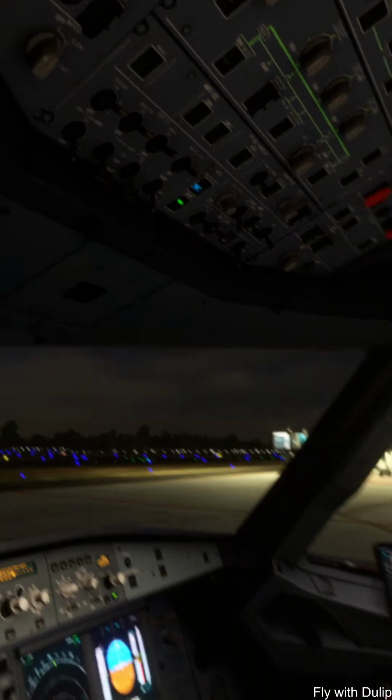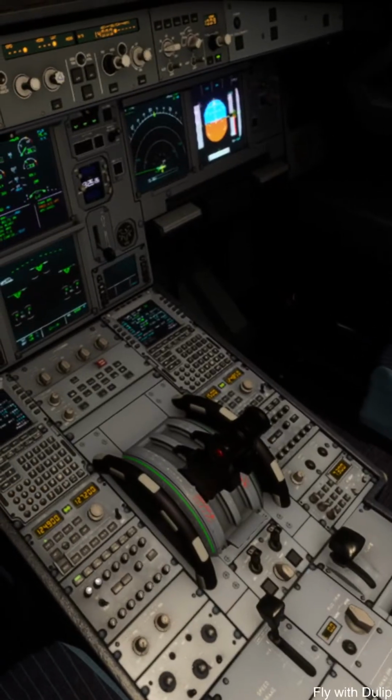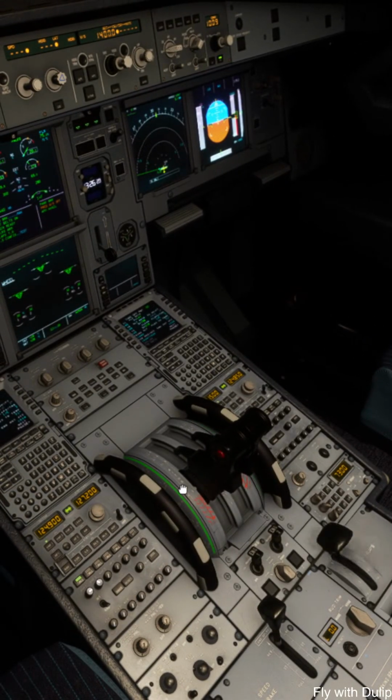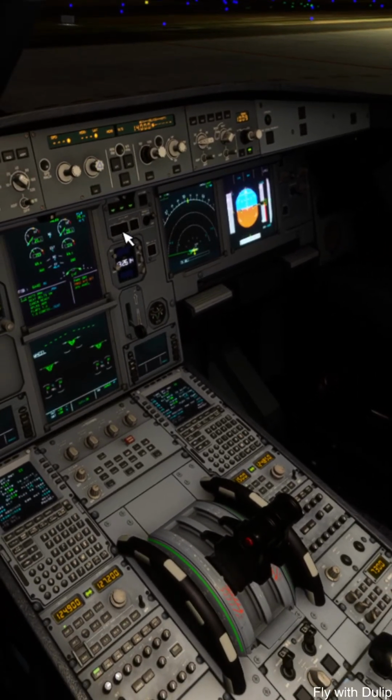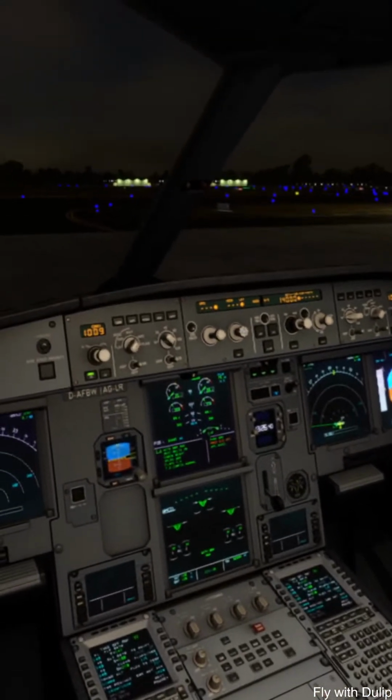APU bleed off. Anti-ice is not required. Ground spoilers armed, rudder trim 0, flaps takeoff. Auto brake max. Takeoff configuration normal.